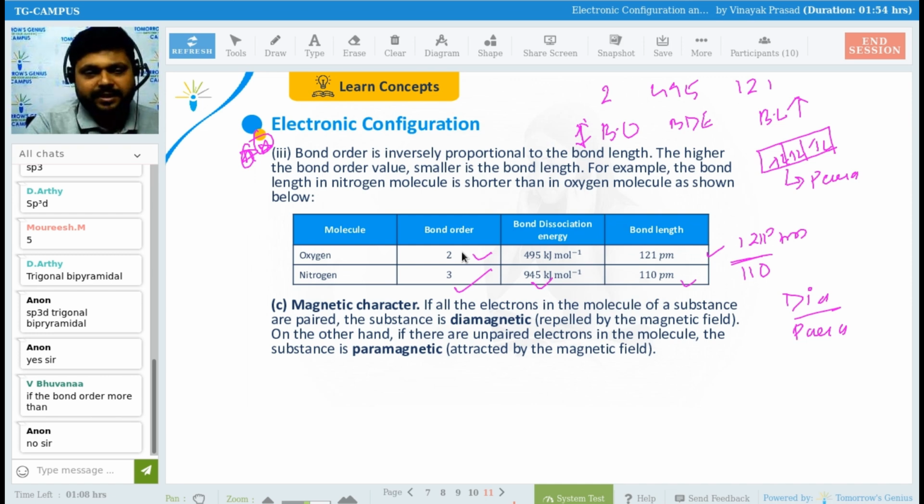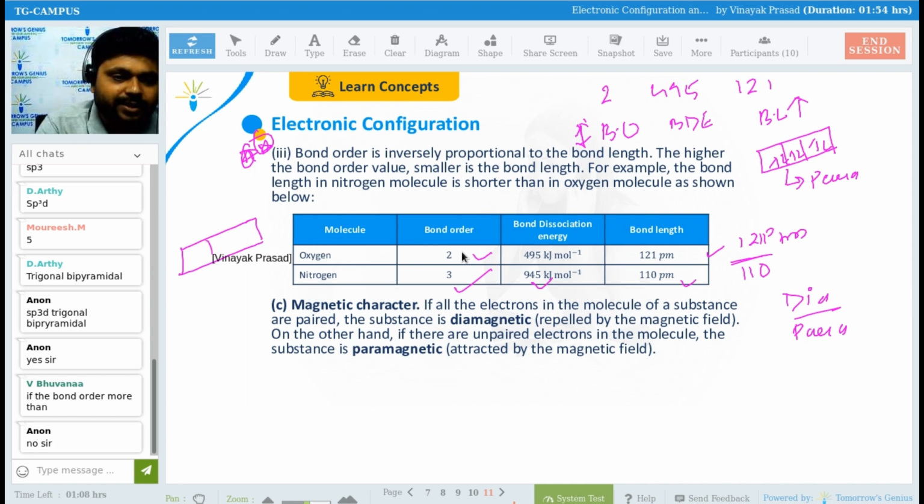So according to oxygen, if I ask you about oxygen, how many electrons will be filled in the p orbitals? See guys, 1s2, 2s2 will be filled now, and 2p how many? 2p4 will be there.